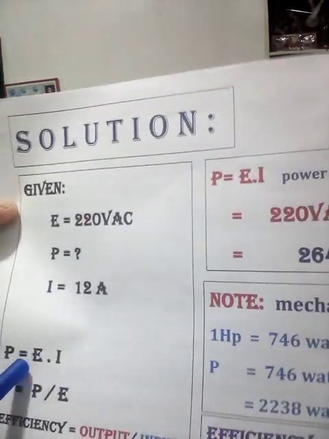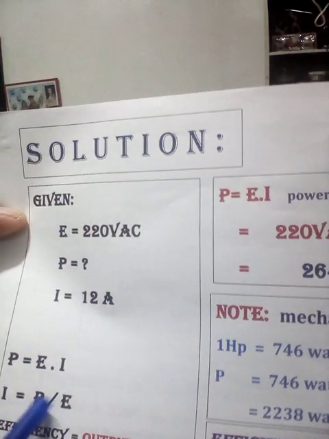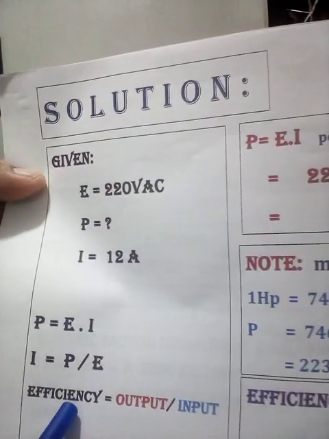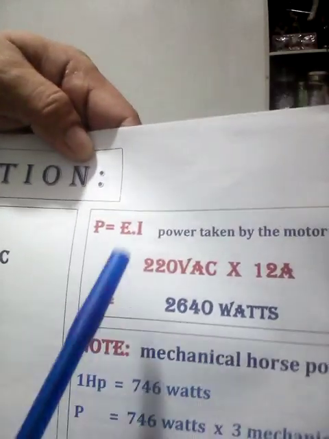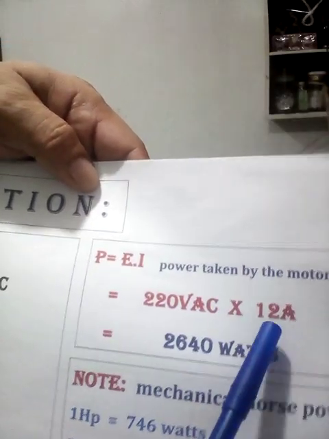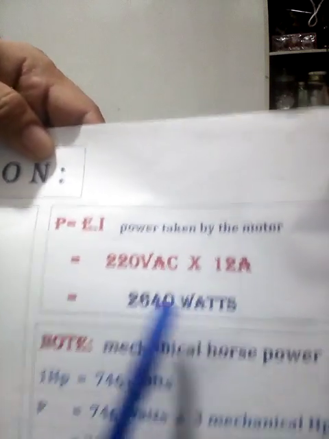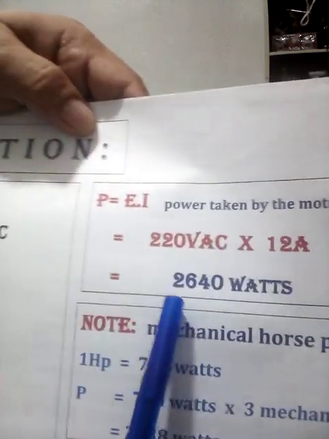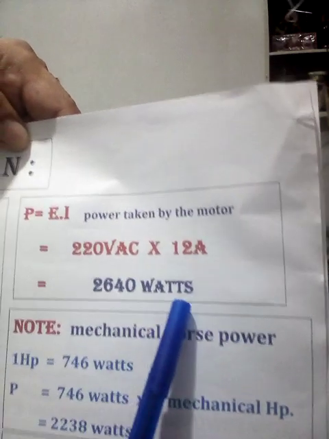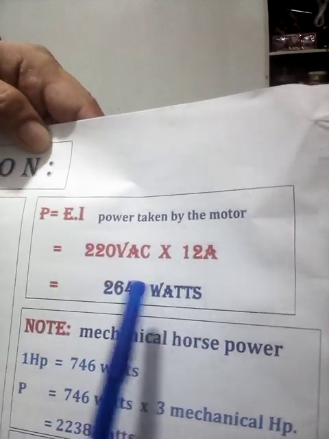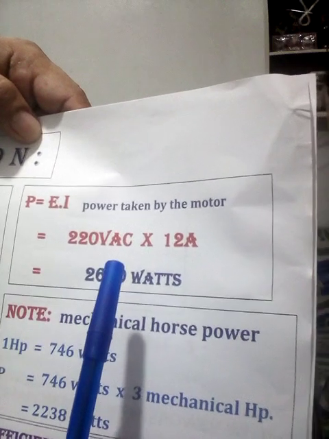Power is equal to E times I, and I is equal to P over E. Yung efficiency is equal to output over input. Pag nasolve na po natin yung power, given po ang 220 volts at ang 12 amperes natin. Sa simple diagram po natin, meron tayong solution na 2,640 watts.